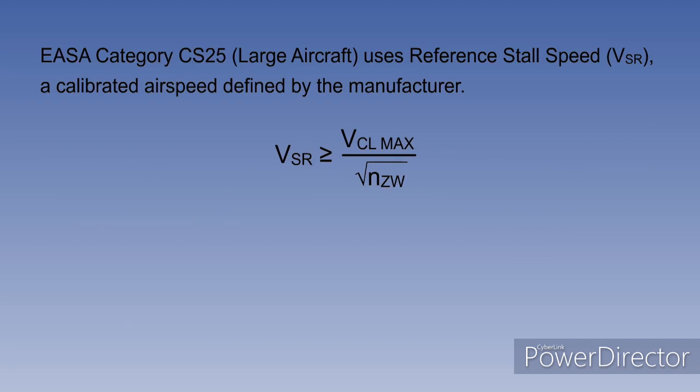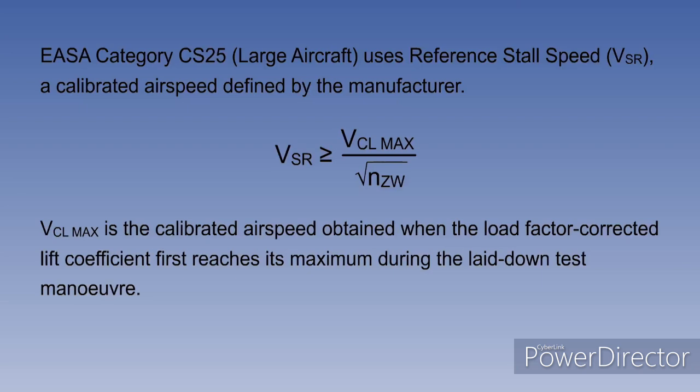For large aircraft, in EASA category CS25, a reference stall speed, known as VSR, is used. VSR is a calibrated airspeed defined by the manufacturer, and may not be less than a 1G stall speed. It is expressed in formula form as being equal or greater than VCL max over the square root of NZW, where VCL max is the calibrated airspeed obtained when the load factor-corrected lift coefficient first reaches its maximum during the lay-down test manoeuvre.